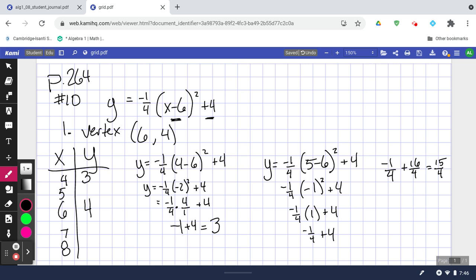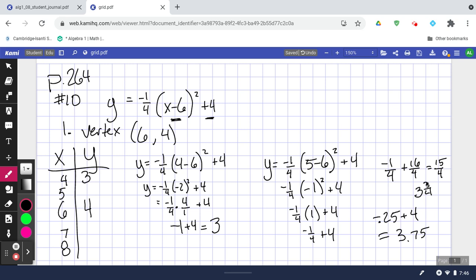So you could either decide, okay, well, that's going to be 3 3/4, or you could just say, you know what, -1/4 is -0.25 plus 4, and that's going to get me 3.75. Whatever makes more sense to you, you're just coming up with values to throw in your table. So however your brain works, that's fine with me.